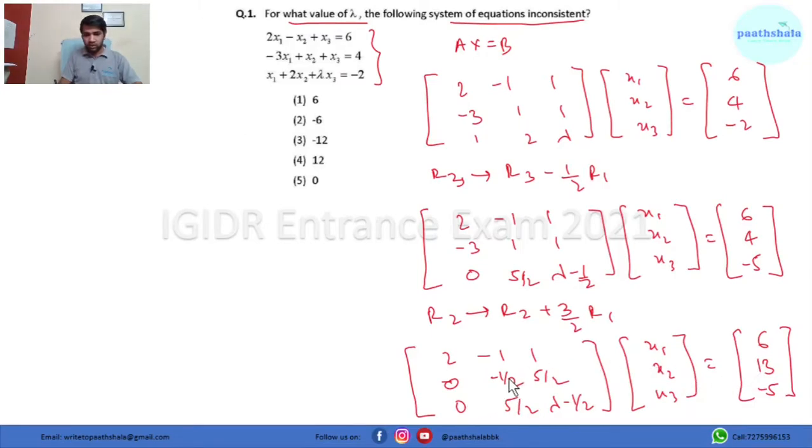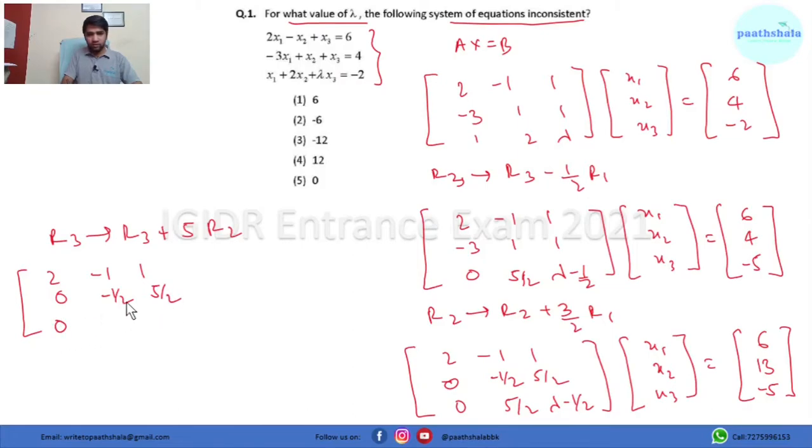Now we are going to transform the third row again. I'm changing R3 to R3 plus 5 times R2. This comes out to be 2, -1, 1, then 0, -1 by 2, 5 by 2.